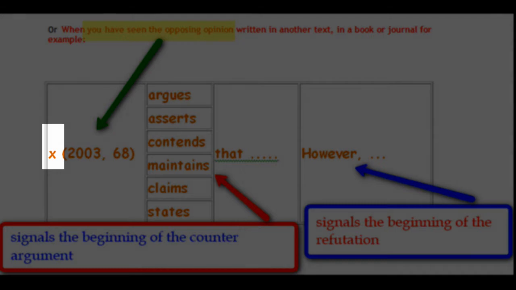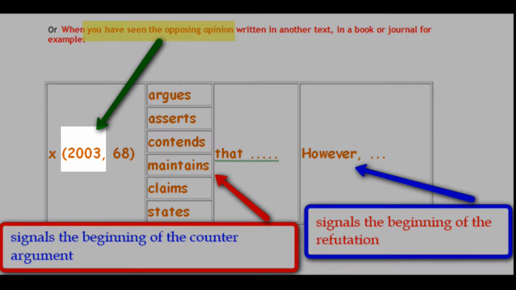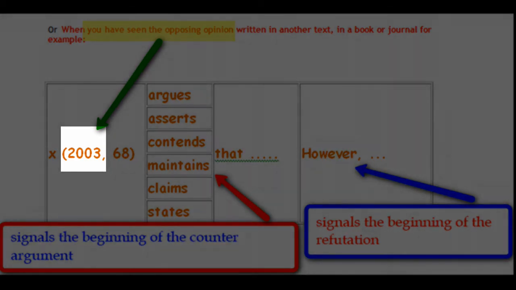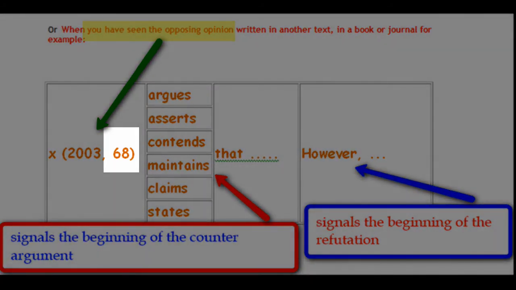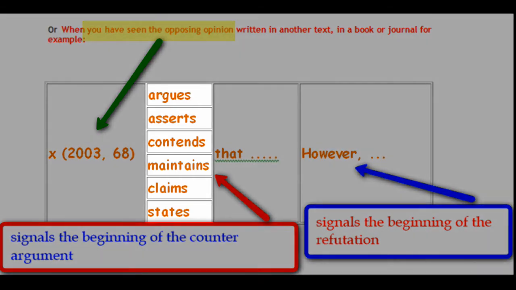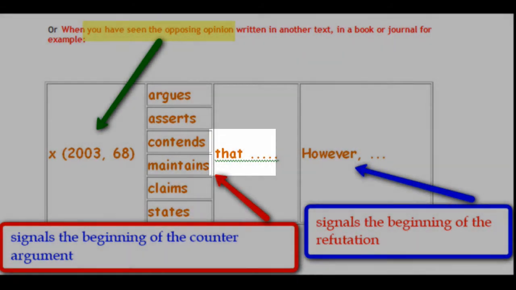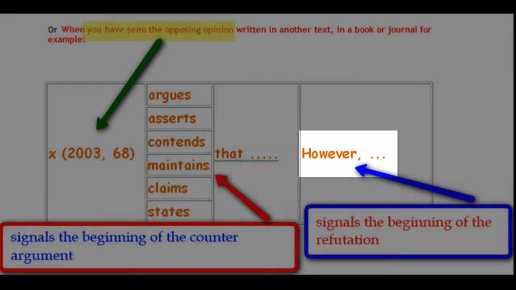Begin with the author's name, open the brackets, insert the year of publication with a comma, a space, followed by the page number of the article or the book page, close the brackets, then the verbs followed by that. And as usual, however, signals the beginning of the refutation.